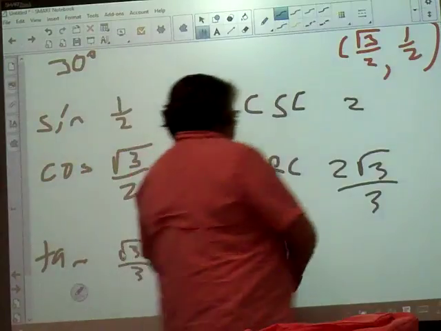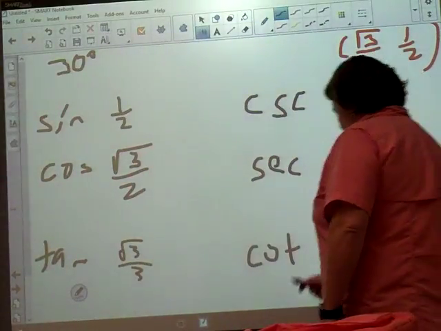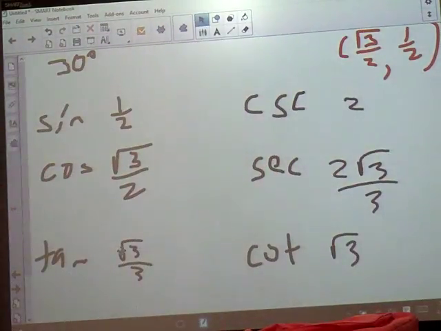Now, would that be the same answer if I did the long way and worked it out? Yeah, let's look at why. If I took square root of 3 over 3 and flipped it, I'd have to multiply top and bottom by square root of 3, so that'd be 3 square roots of 3 over 3, and then your 3's would cancel. So you get the same thing. Just don't panic if you have to go back and work something.